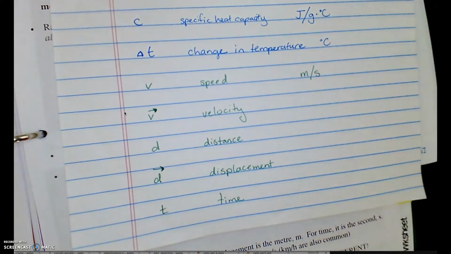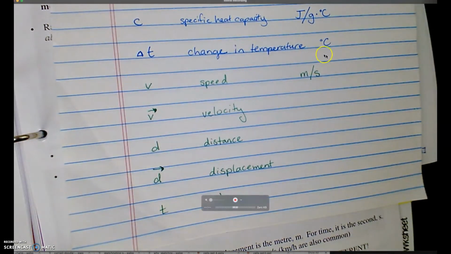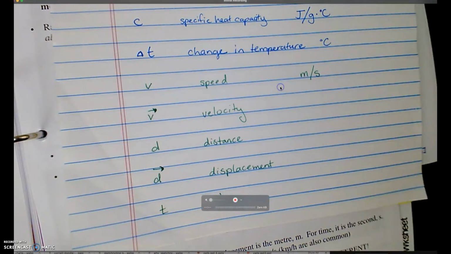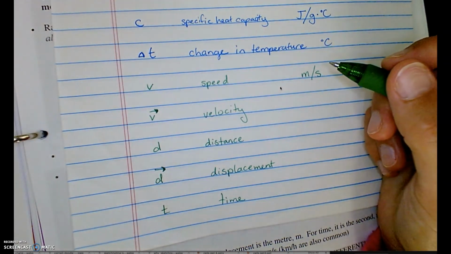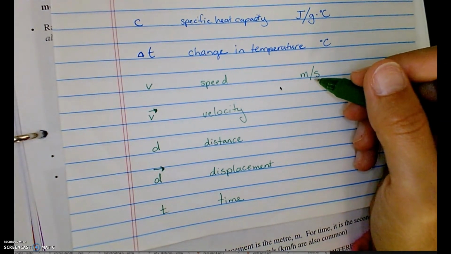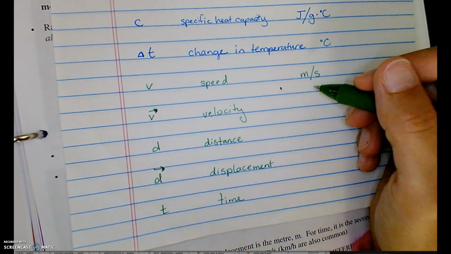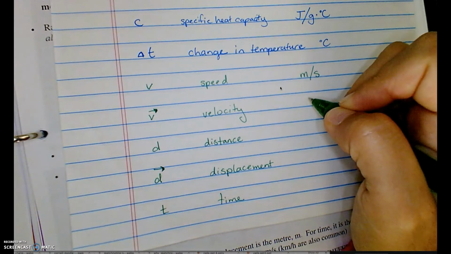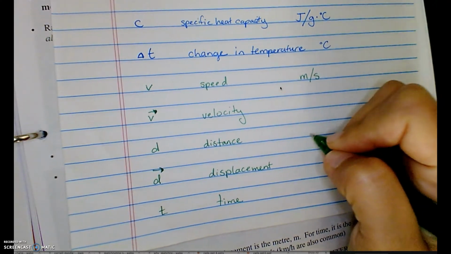Okay, you might have also heard kilometers per hour. Okay, but we're going to be mostly dealing with meters per second, I find. Okay, so velocity, meters squared per second squared, I'll show you that in a minute.